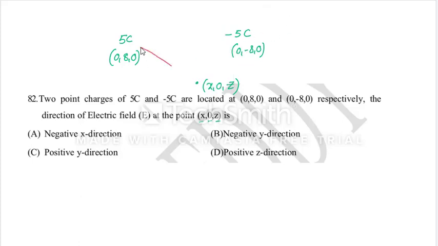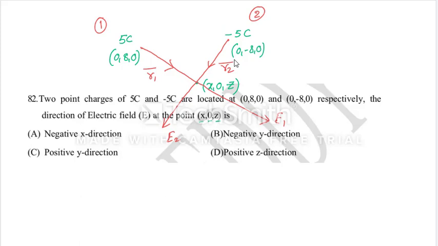The electric field at this location due to the first charge I can call E1, and this is my second charge, whose field at this location I can call E2.